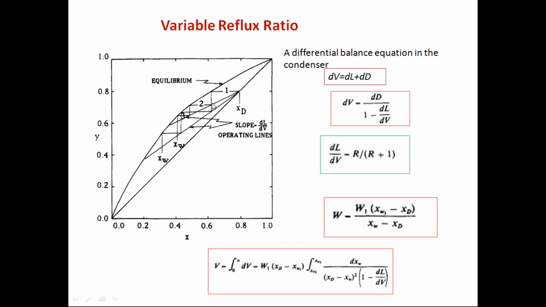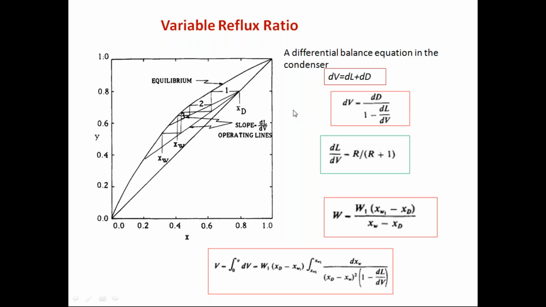So what is the xw? xw will be starting from this value, 1, 2, then 3. This is the xw. So you tabulate your xd and xw values, because xd is constant anyhow and xw can be estimated. For the next reflux ratio, the reflux ratio, dL by dV, is also known.